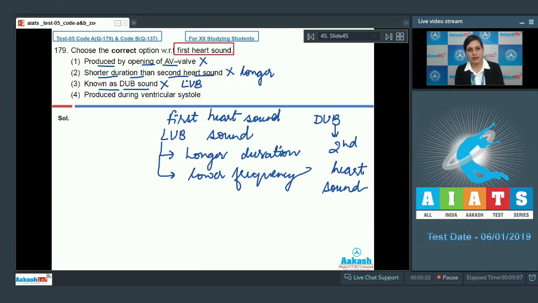Dub sound is the second heart sound. The last option given is produced during ventricular systole, and as it is a correct statement, so this is a correct answer to our question because first heart sound or lub sound is produced during ventricular systole when there is closure of AV valve in order to prevent the backflow of blood from ventricles to atria. So the correct answer is option number 4. Let's discuss our next question.